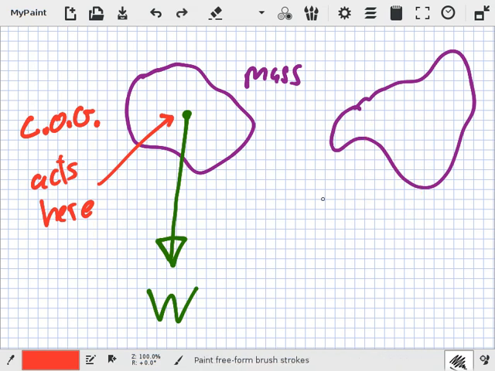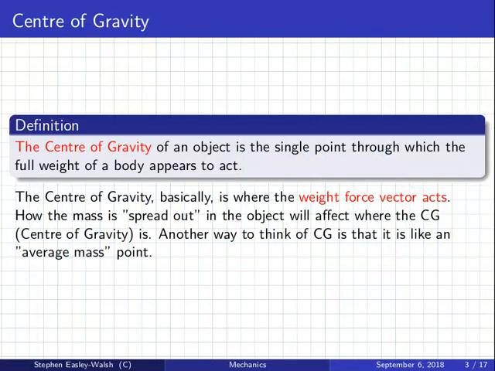So this is what I mean by it's kind of like an average point. Where there's more mass, this is where the center of gravity should be. Are we okay with this?